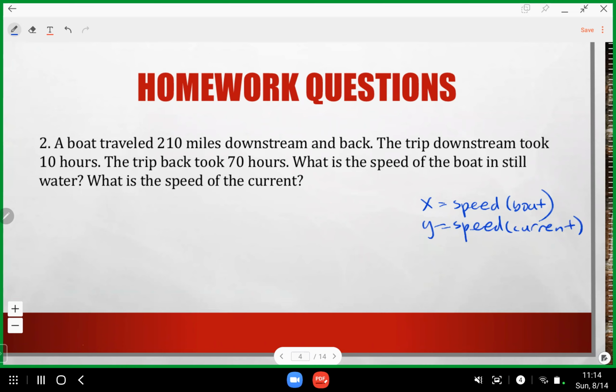So 210 miles in 10 hours is equal to 21 miles per hour. And 210 miles in 70 hours is the same as 3 miles per hour.